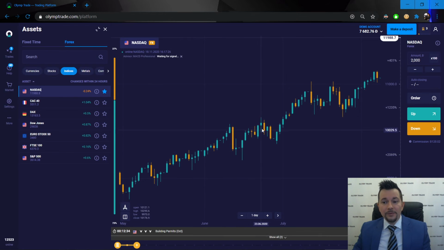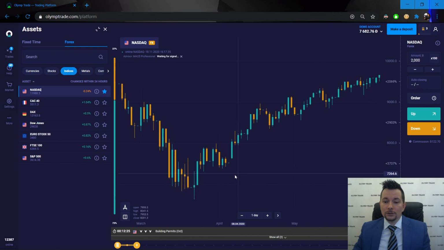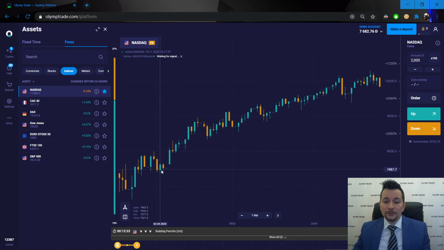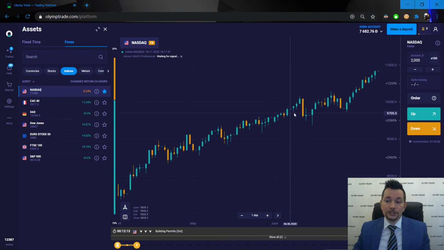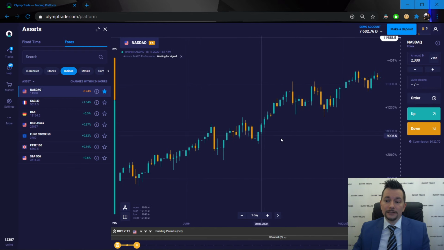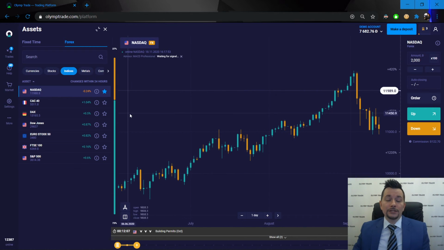Whenever there's a really big down candle, it's usually followed by more down candles the following day or two. So have a look. This has been all across the board. One big candle, then in the next 2 days, we also have downward pressure. One big candle, next few days, downward pressure, big candle, downward pressure, big candle, downward pressure. So you guys understand how that works.